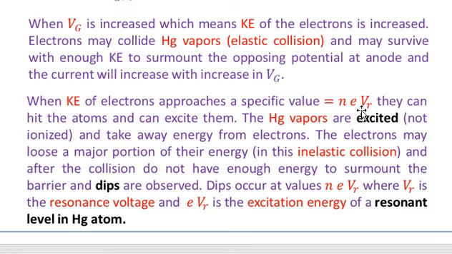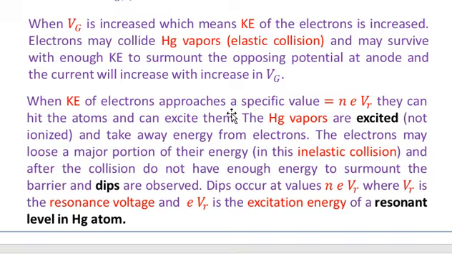This discrete value of energy will be absorbed by the mercury atoms and used in the excitation of a resonance level in the mercury atom. Resonance level means that when such a mercury atom de-excites, it will emit the same amount of energy that it has absorbed. That's why such a level is called the resonance level.